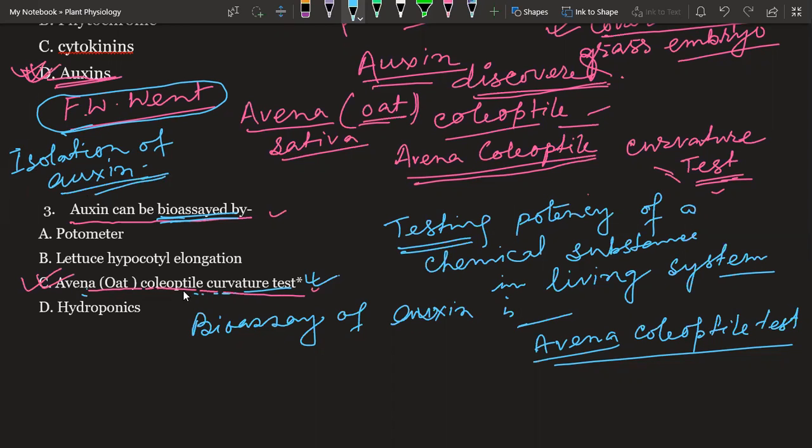So he isolated that chemical and identified it as auxin. Auxin was also, of course, isolated from human urine.